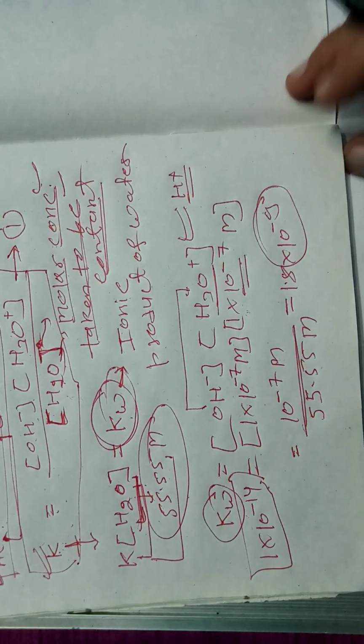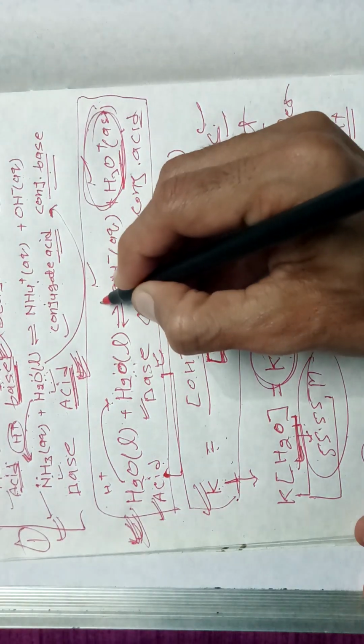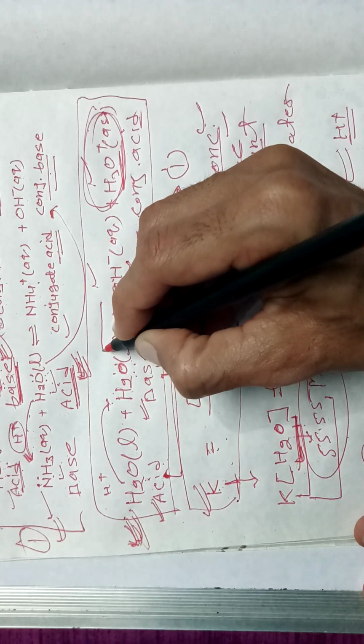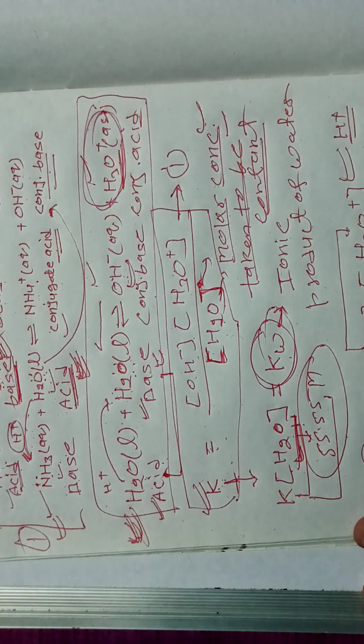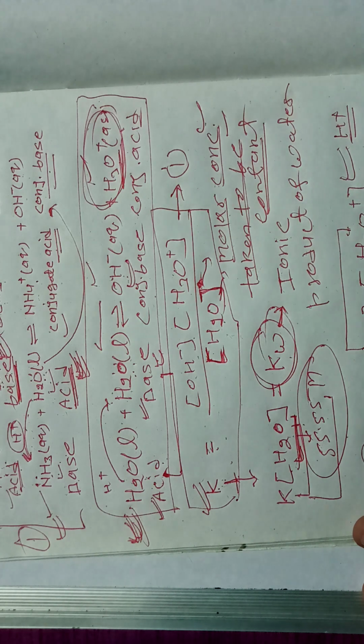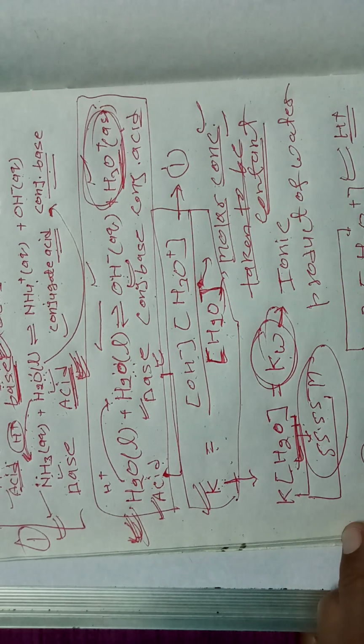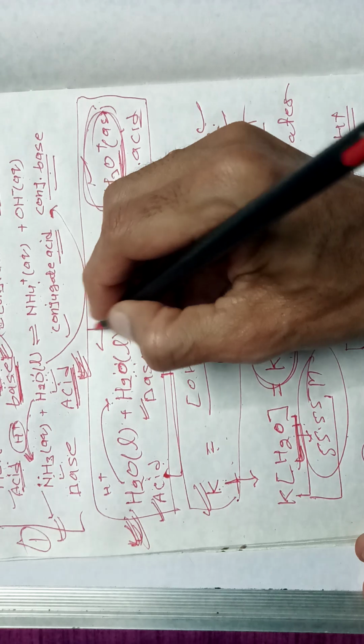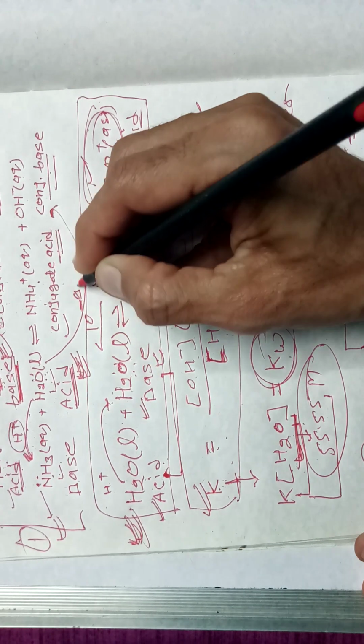Now this value is very small, and that's why in water our equilibrium will generally be shifted in the reverse direction, because here the value of Kc or Kw is very small.